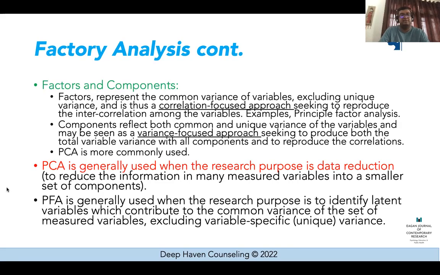This needs to be PCA as well, not PFA. Give me a second here. So PCA is generally used when the research purpose is to identify latent variables which contribute to the common variance. So that is something that I wanted to say here.